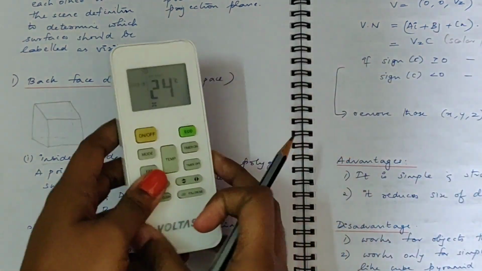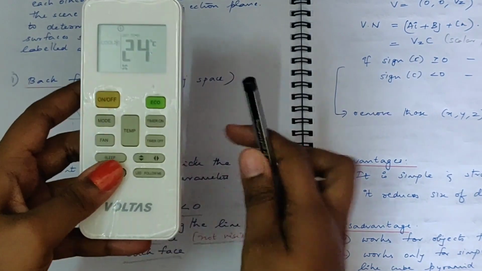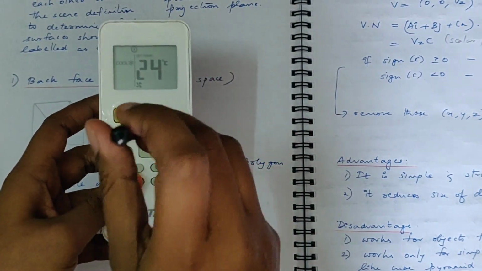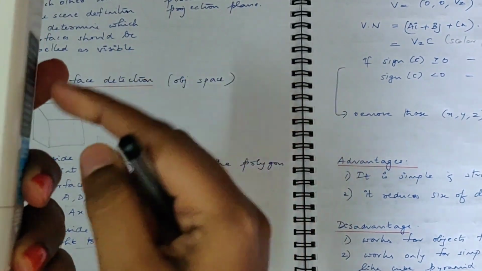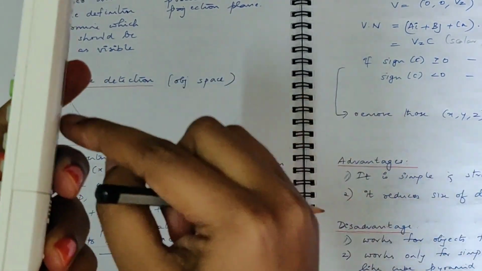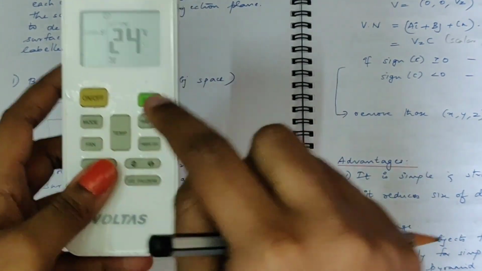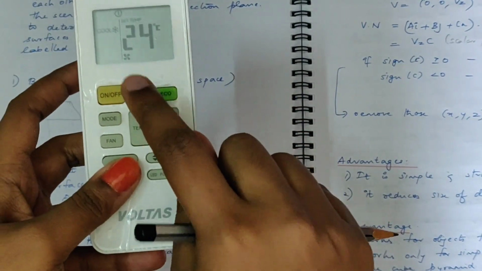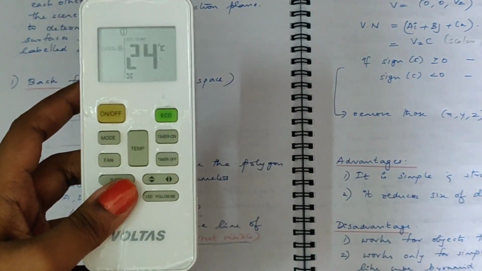For example, for this object, you take any point which is behind. This is the line of sight, and any point along the line of sight to the surface, if it is an inside point, then you term that as a back face.